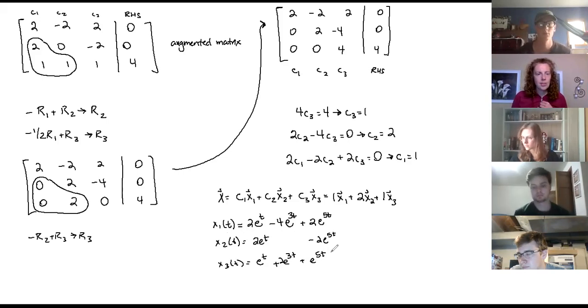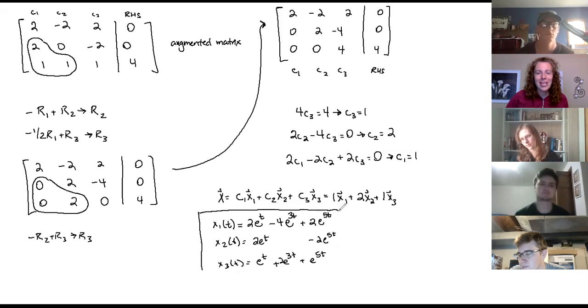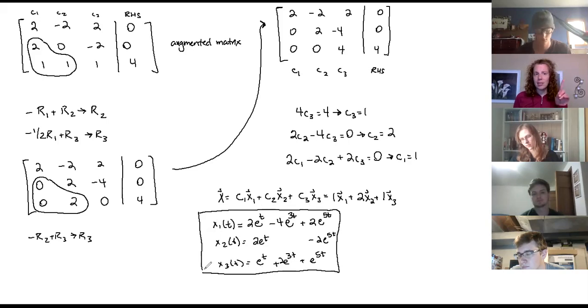This is where I really wish stuff was on the board, because I'm having to go back on my paper and it's not immediately on the board, and it would be way easier if it were. That is a solution to the system of differential equations because it's 3 functions, and it is a particular solution because there are no unspecified constants. And it meets the initial conditions.